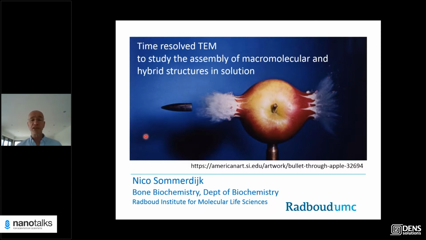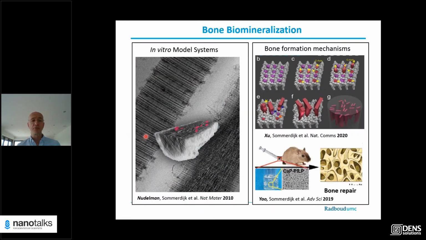In my research, I'm interested in how inorganic materials are used in biological systems to create functional materials, like we see in bones, teeth, and seashells, where the organic assemblies are controlling the formation of inorganic materials. My research is now focusing on how bone is formed, and bone is formed by the mineralization of collagen.